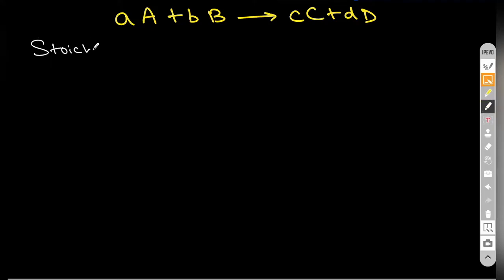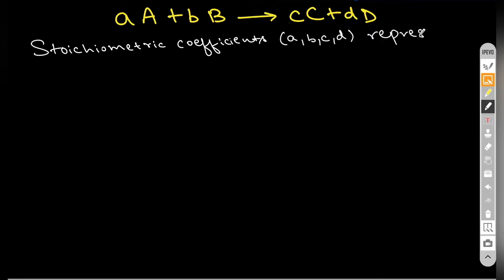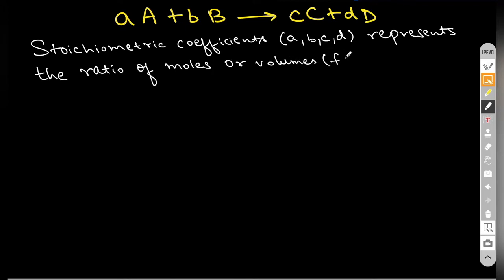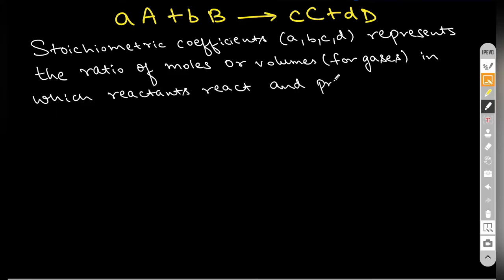Here the stoichiometric coefficients small a, small b, small c and small d represent the ratio of moles, or volumes in case of gases, in which reactants react and product is formed.